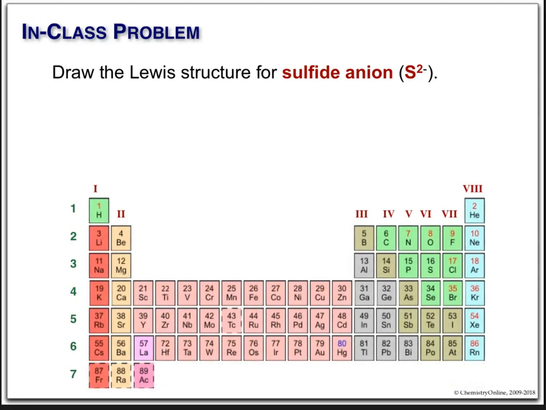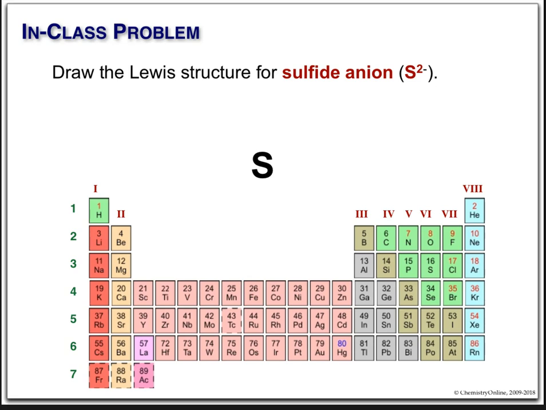Let's do sulfide dianion. By this time, we know where sulfur is. Right here. It's an S. It is in our 5th group, right? So it will have 5 valence electrons.